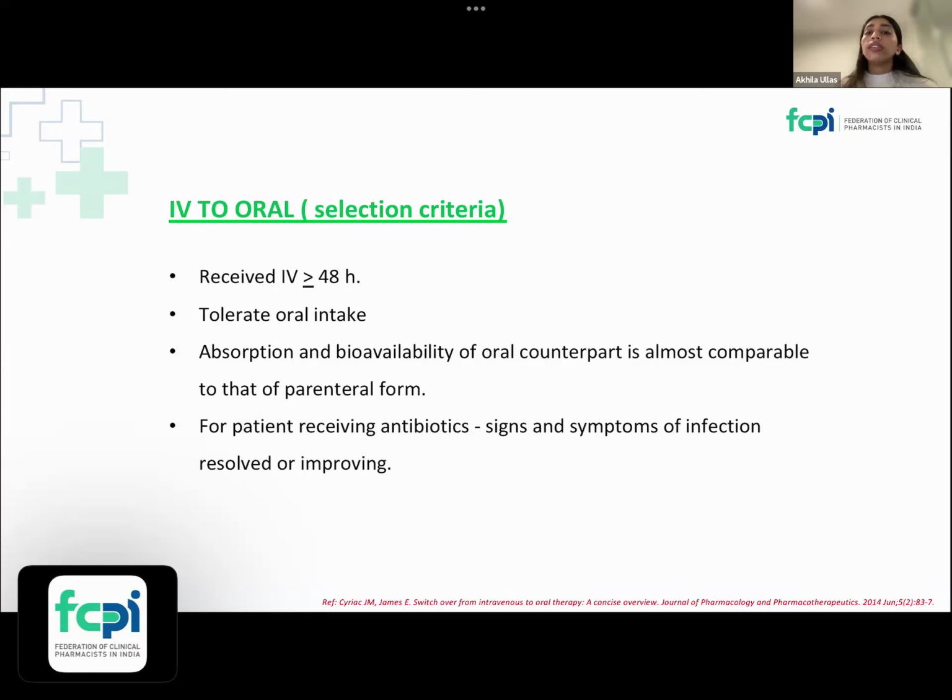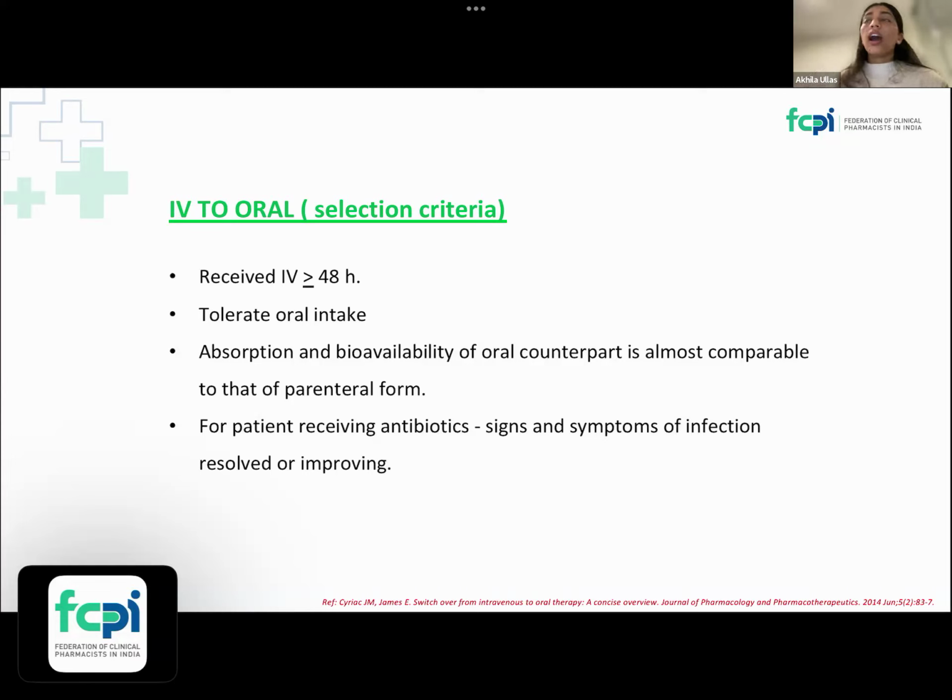Within the 48 hours, what happened to these patients? What treatment failures or outcomes do you get? So this is the 48 hours you need to check for the switching.